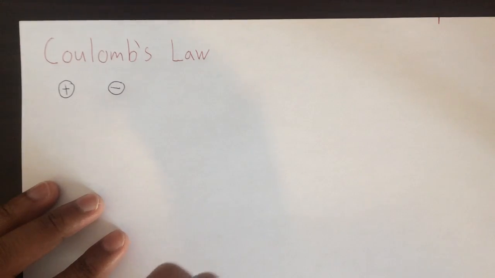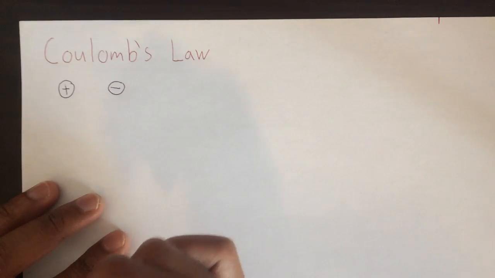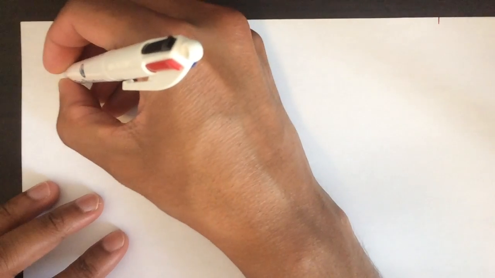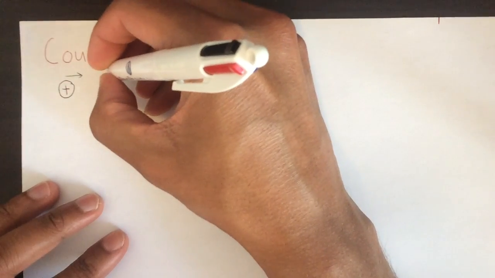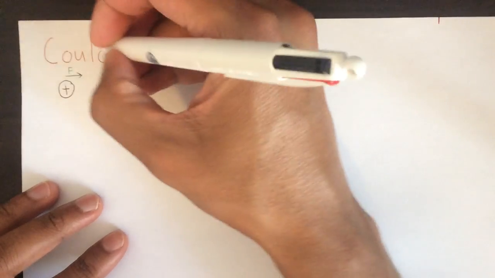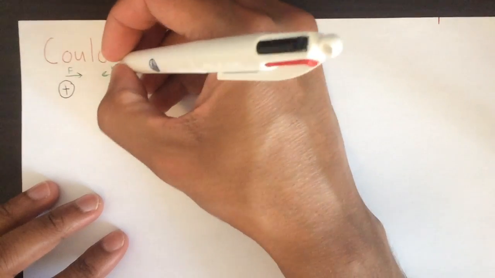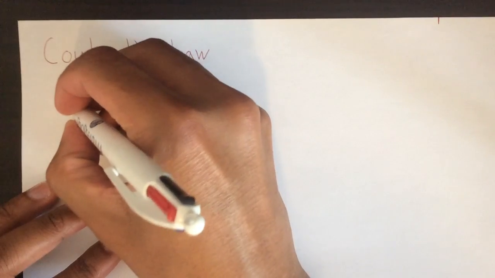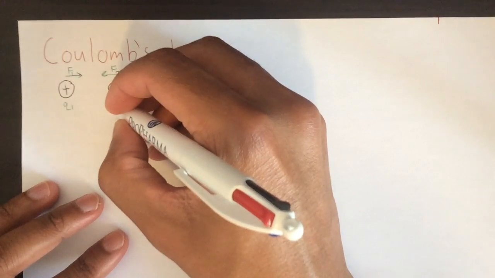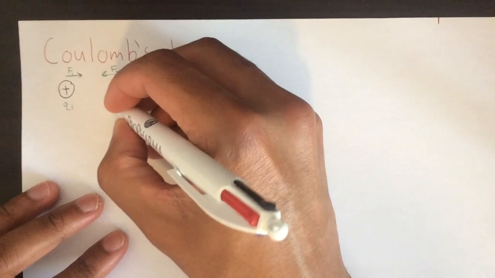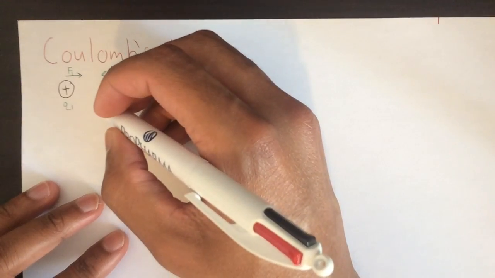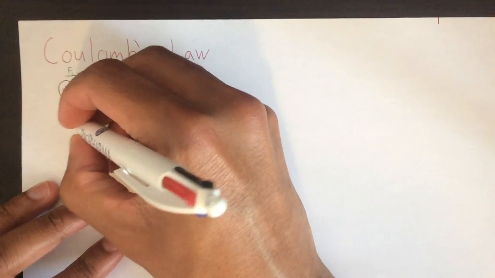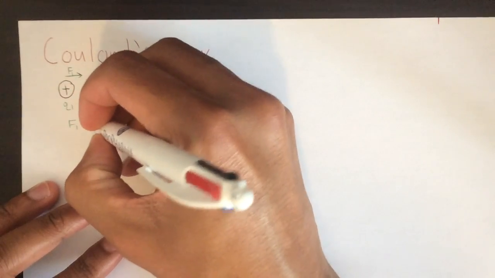We know that there's going to be a force that's going to be felt by each charge individually, and F1 is going to be felt by charge Q1 and F2 is going to be felt by charge Q2. And we know that the magnitude of F1 is equal to the magnitude of F2.